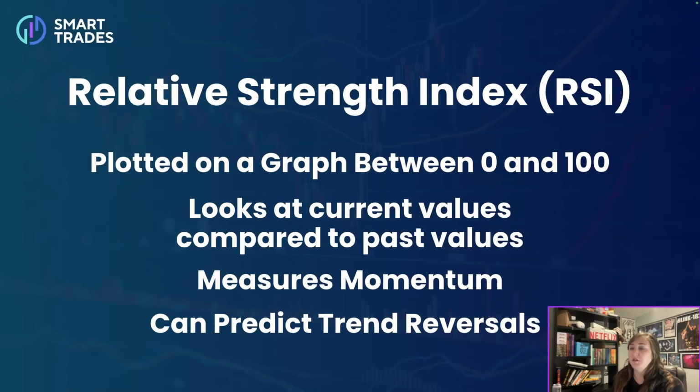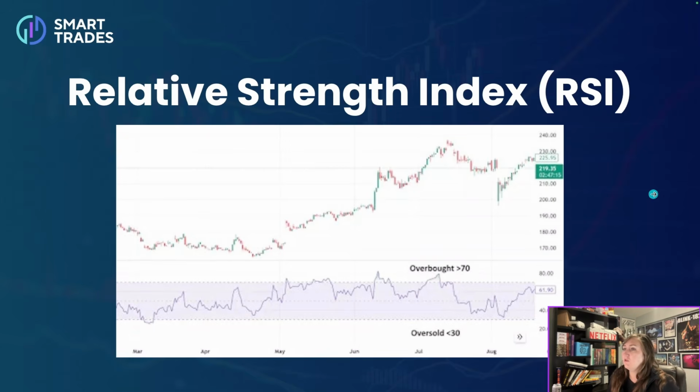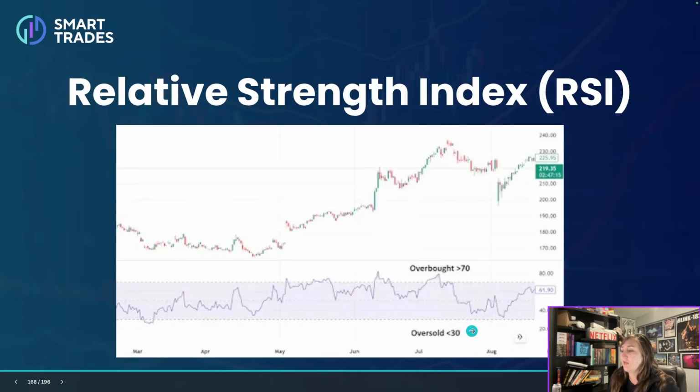It looks at the current prices and compares them to past values, and calculates this out on a charted line graph. So it measures that momentum, and it can predict trend reversals through divergences. You're either going to have bullish divergences or bearish divergences, which I'm also going to go over with you here. Typically, overbought is usually greater than 70, and oversold is less than 30.